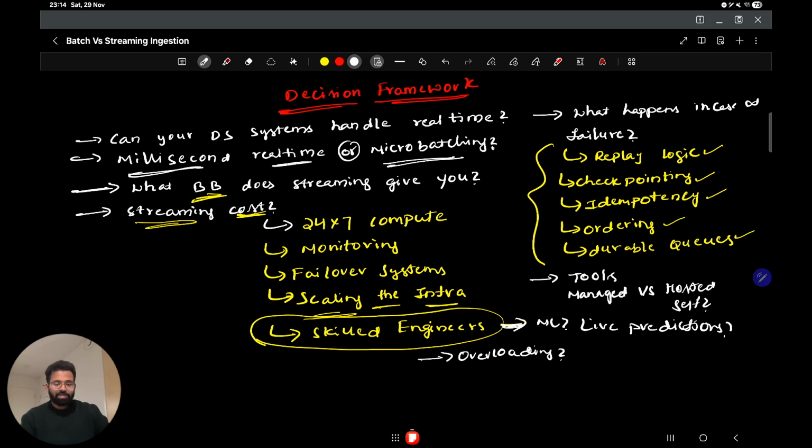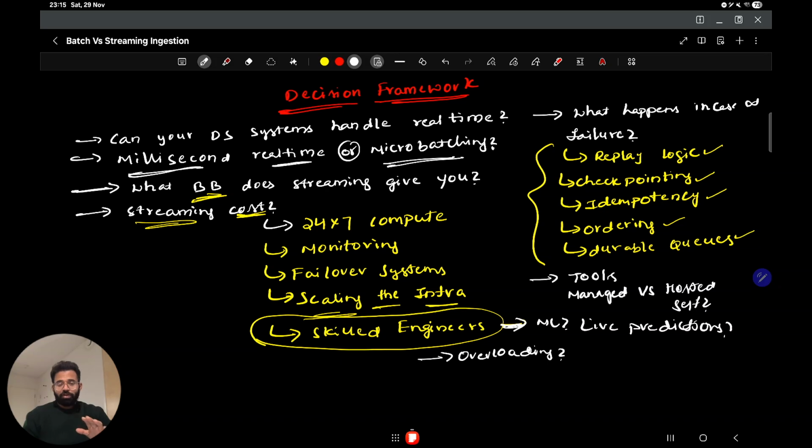If there is some business benefit, that's totally fine. But if there is no business benefit, there is no cost to benefit. Streaming is really expensive, and in most cases batch is much simpler, cheaper, reliable and perfectly valid.